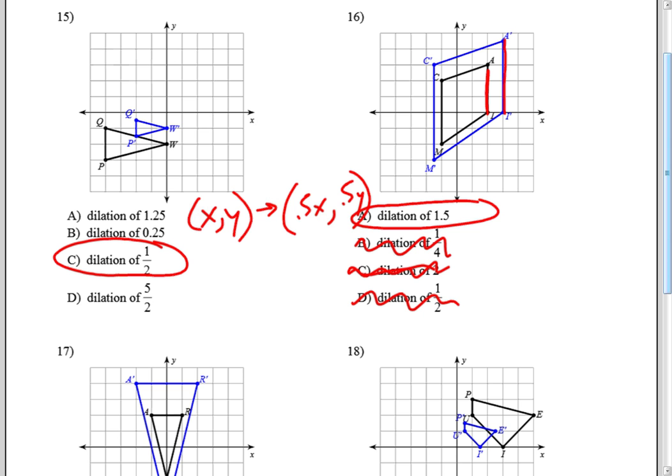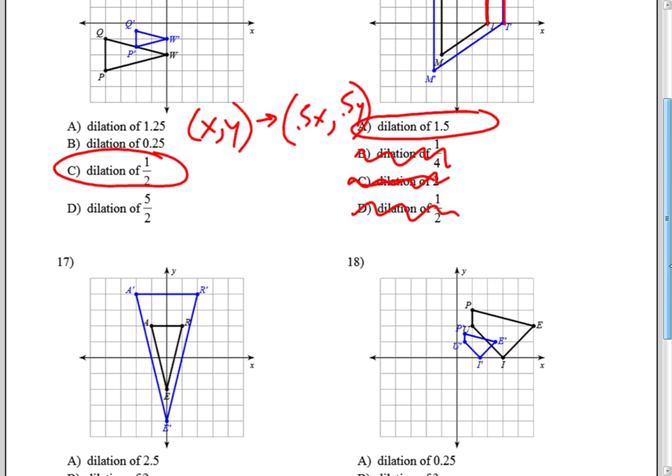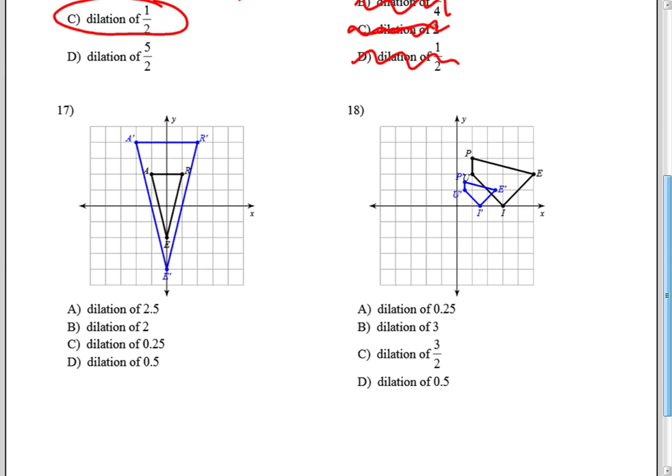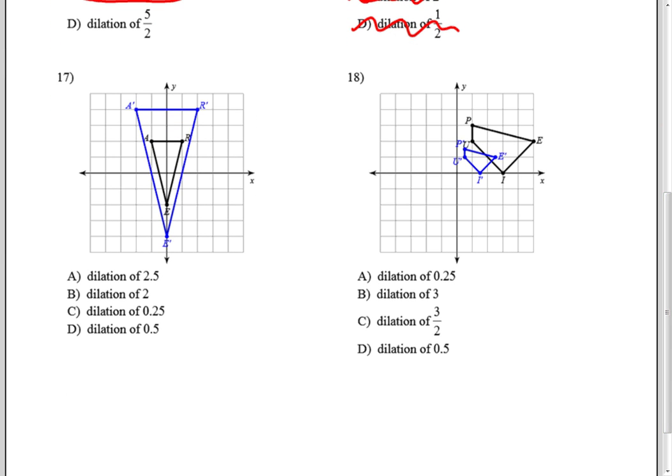If I can look at vertical or horizontal components, that's probably the easiest method. If I don't have those, then I start looking at coordinates. For 17, I'm getting B, because I see this goes from 2 to 4. Let's do a coordinate one.